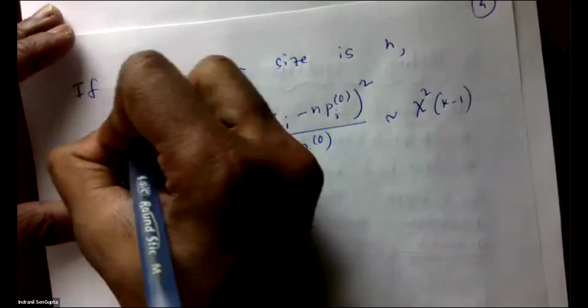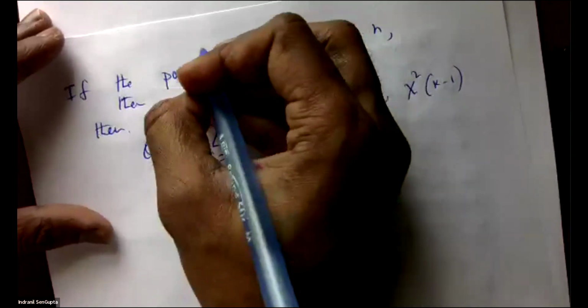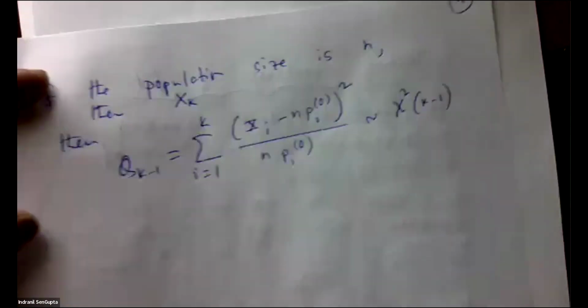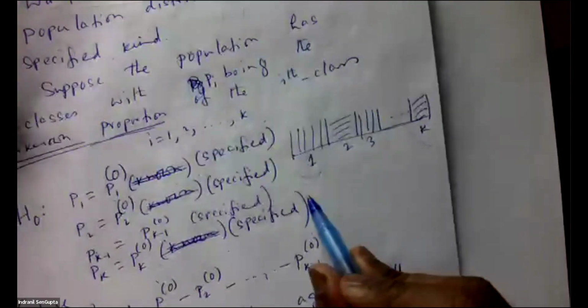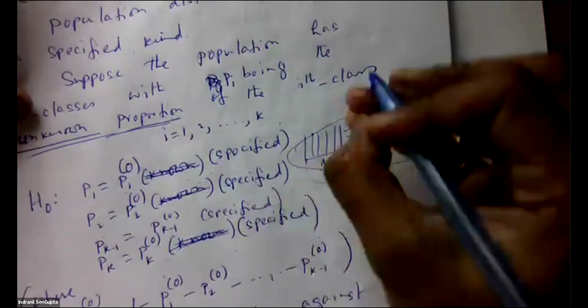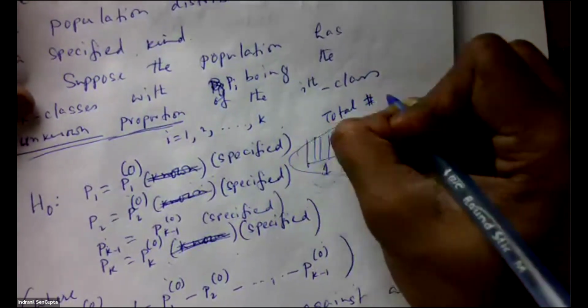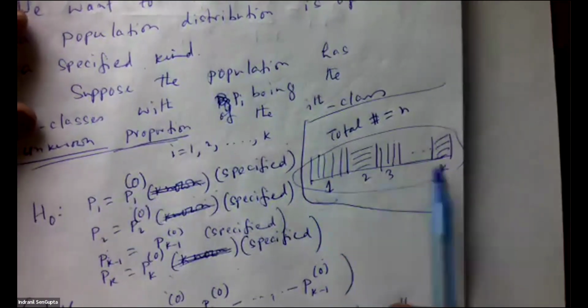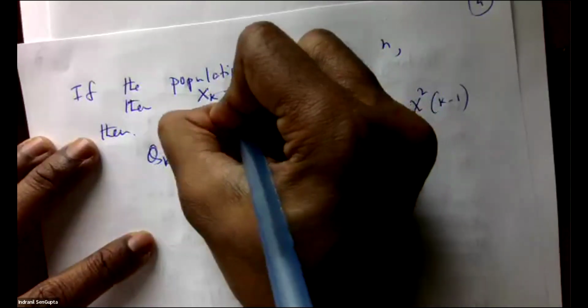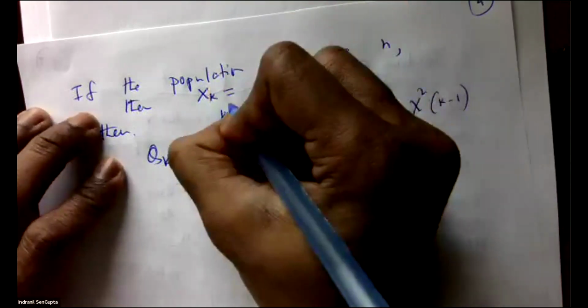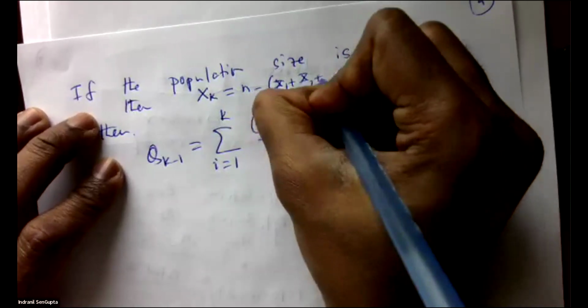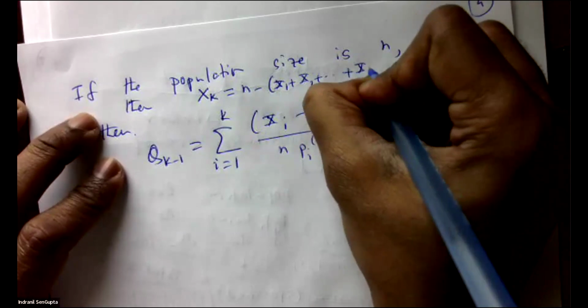By the way, this is what I was about to write and then forgot. I have k buckets of population. So we have k classes: class 1, 2, up to k. The total number is n. That's the picture to keep in mind. So x of k is really n minus (x1 plus x2 all the way up to x of k minus 1).